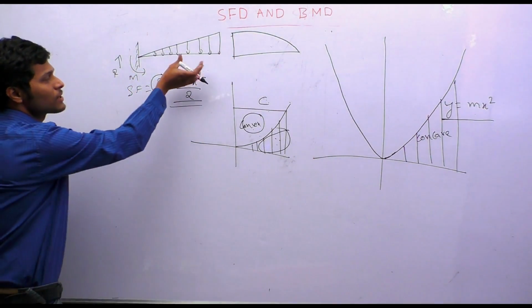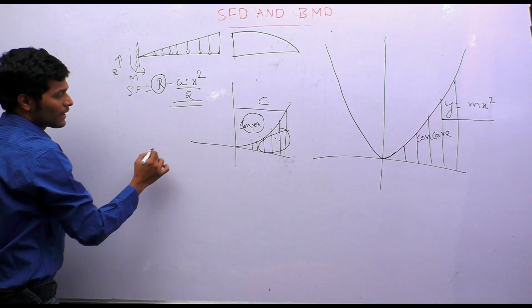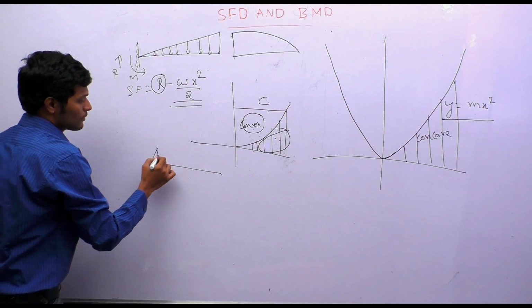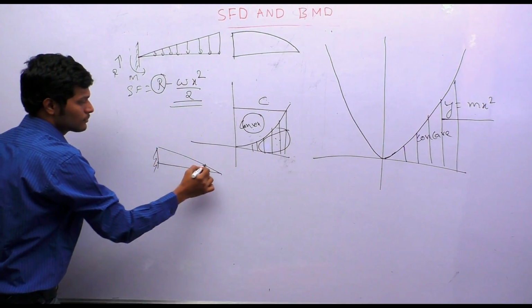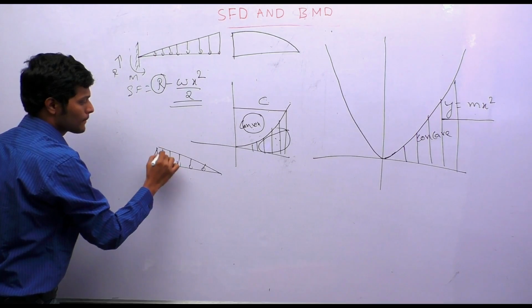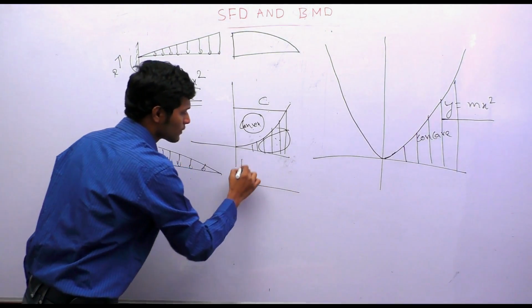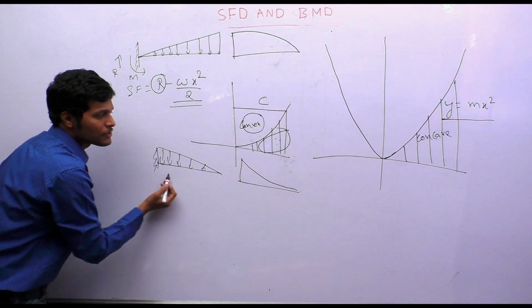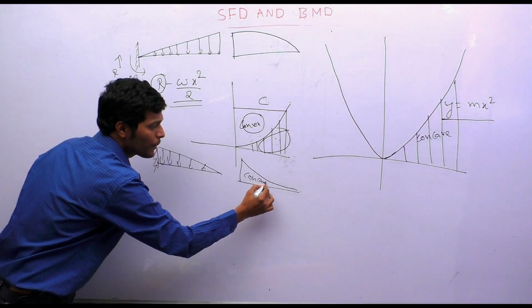Previously we have seen that if you reverse the triangle like this, we got the answer as, because it is y is equal to mx square, a concave parabola.